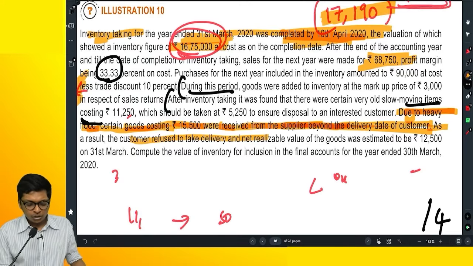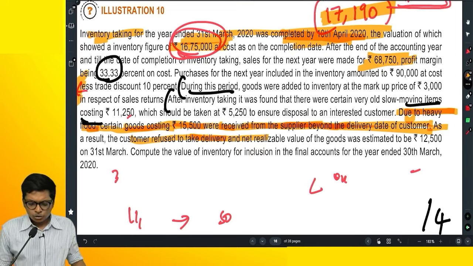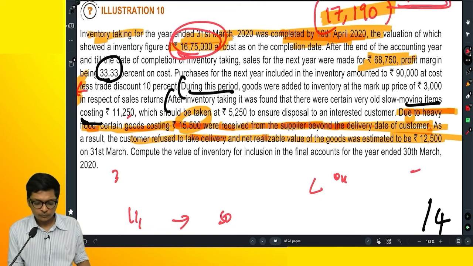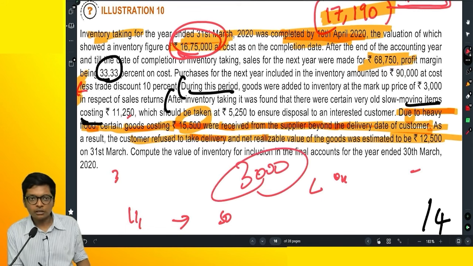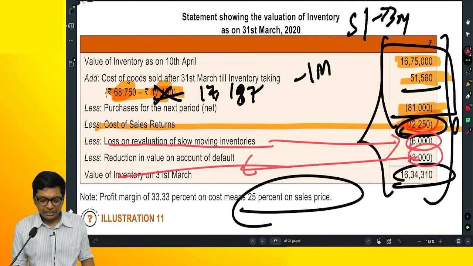That fellow told, I don't want the delivery. All this is happening late. I don't want this. So he told, even though goods are costing 15,500, NRV is 12,500. So for me, loss how much? 3,000, loss of 15,500 minus 12,500. I have to write off this loss. Reduce 3,000, reduction in value.